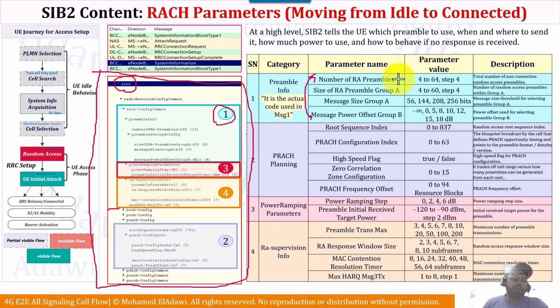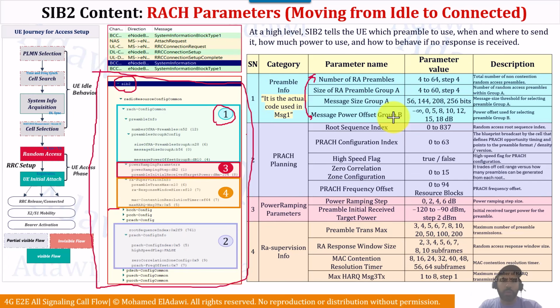For example, this one tells him the total number of preambles he will have for contention based access. Like what is the total? For example, I can have all of them used by contention based. Then this one says that the contention based preambles are classified into 2 groups, group A and group B, each having a criteria for which one the user can select.